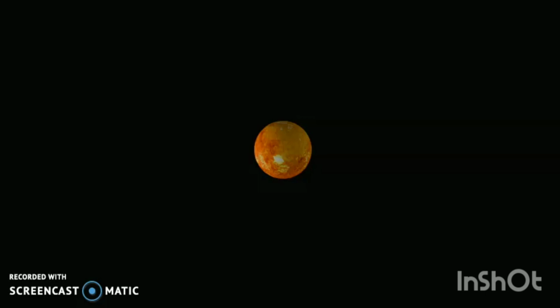It is on average 1 astronomical unit, 1.496 x 10^8 kilometers, or about 8 light minutes away.